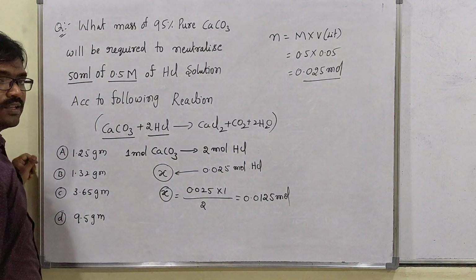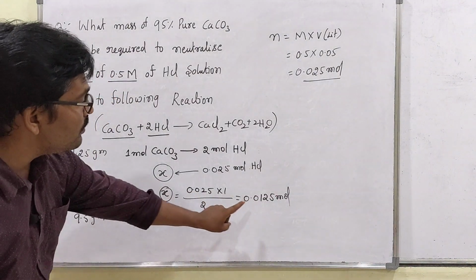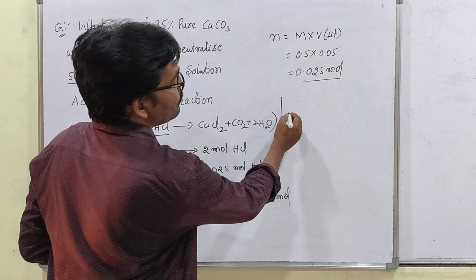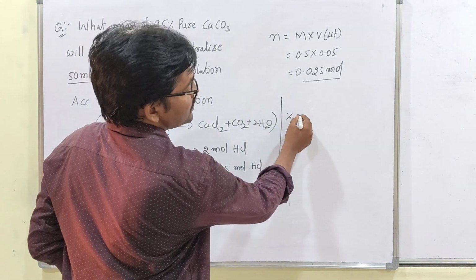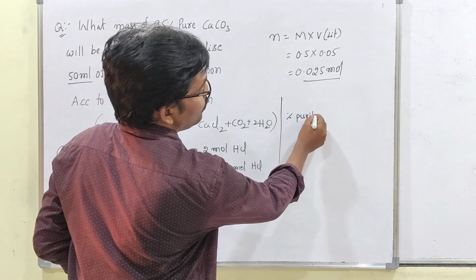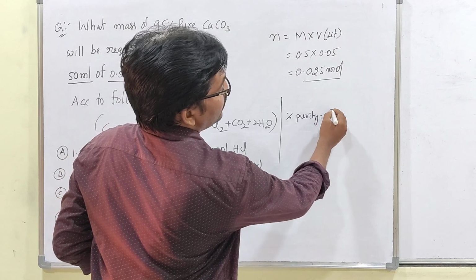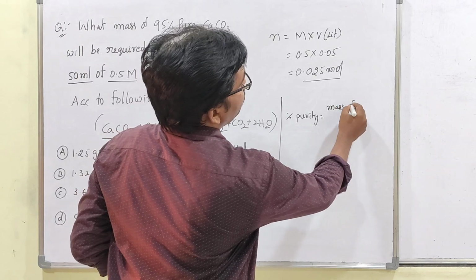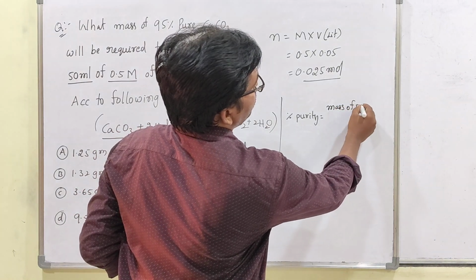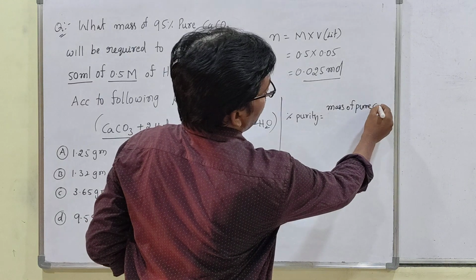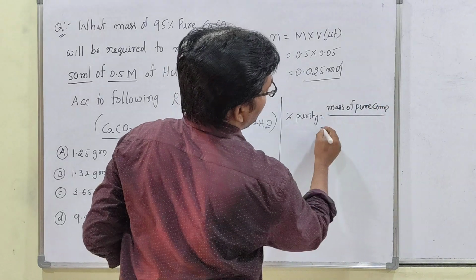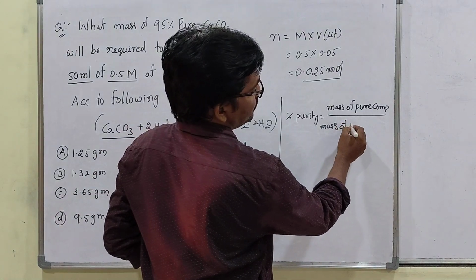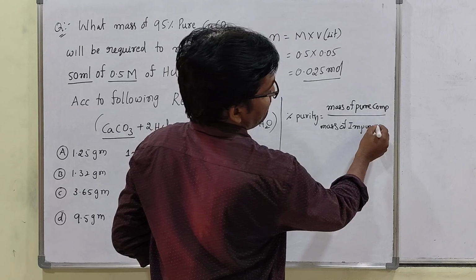So this is the number of moles, understand my dear students. To find the percentage of purity, percentage of purity equals mass of pure compound divided by mass of impure compound into 100.